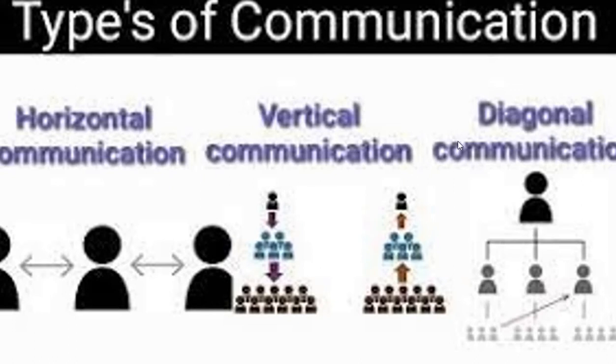You can see in this diagram, this is a senior person, say the HR manager or marketing manager, talking to some junior person in the HR department or marketing department. That communication is called diagonal communication or crosswise communication, in which a diagonal line-like structure will be there.